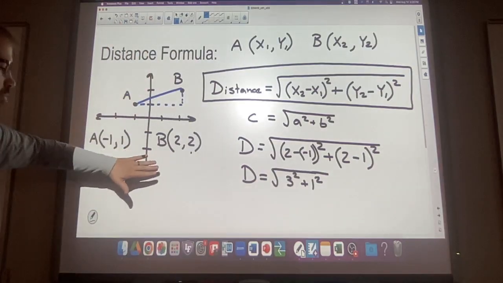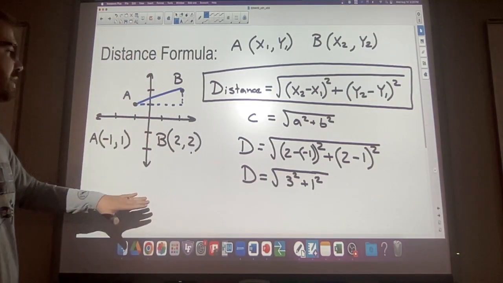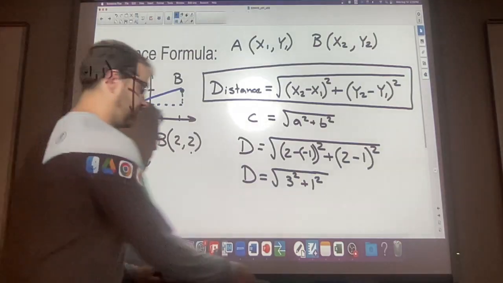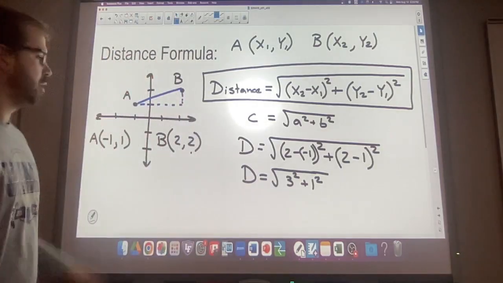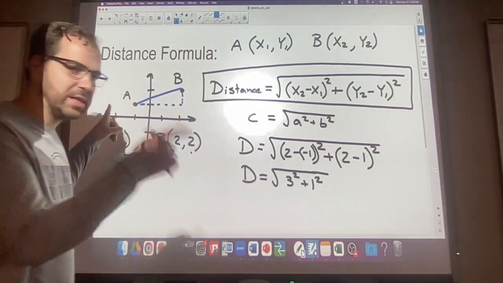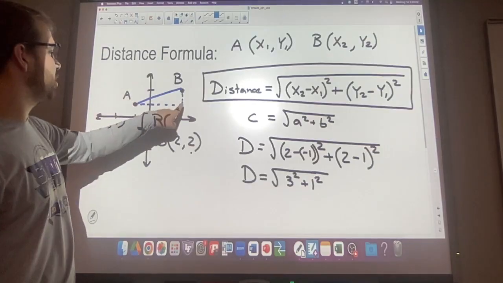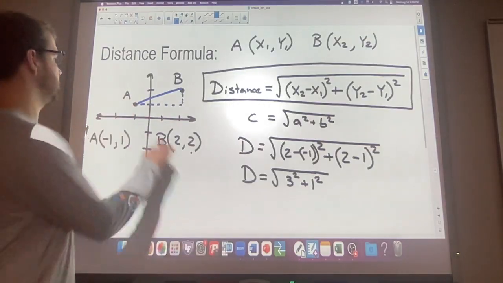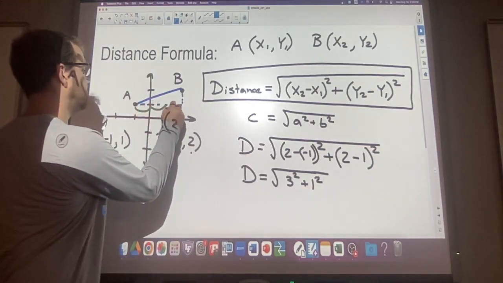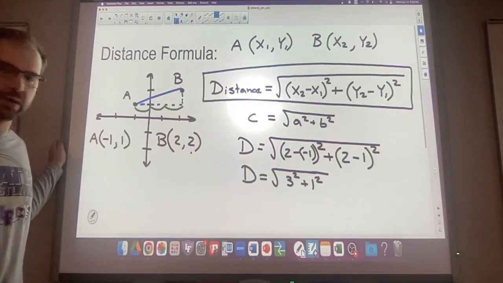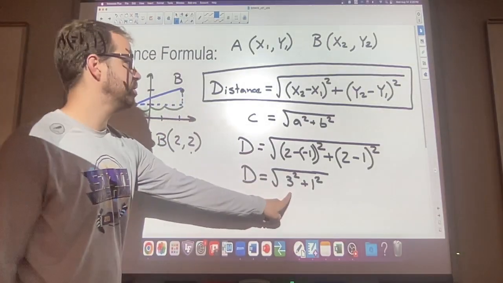The reason I point this out is because of the picture we have here. How far left and right are these points from each other? If we count the spaces, 1, 2, 3. Hence the 3 squared.